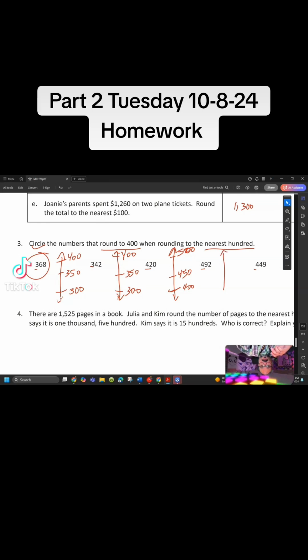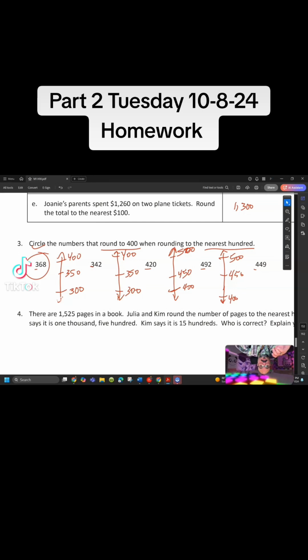Next one, 492. Hundreds place is 4, between 400 and 500. Halfway would be 450. 492 is greater than 450, so it would round to 500.